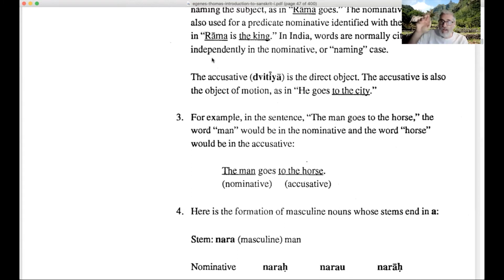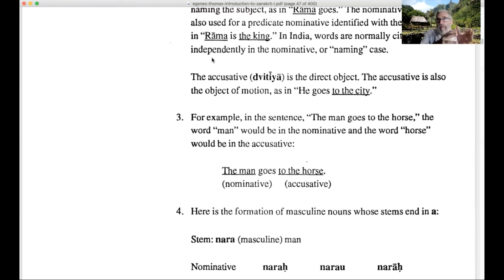So an accusative is for the object. If we have the boy kicked the ball, the boy is the subject of the sentence. Kicking is the action of the sentence, which is the verb. The ball is the object of the boy's kicking. So that is the object of the sentence. That is the accusative case.